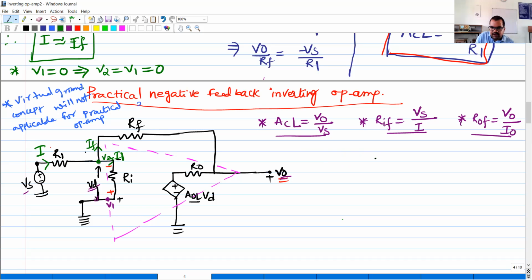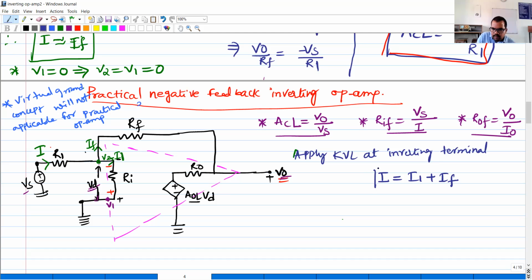Now I want to apply KVL at the inverting terminal. So the total current I is equal to I1 plus IF.